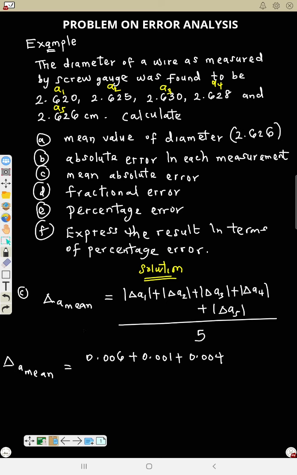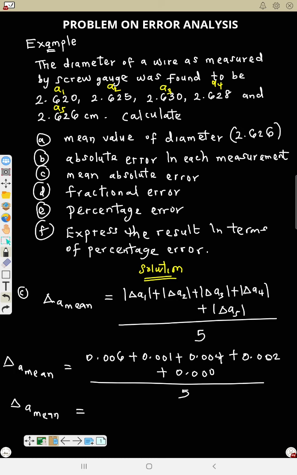So plus delta A4 is also negative, but if we take the magnitude or the modulus, it will still be 0.002. That will be plus 0.000, check our last result, everything over 5. So the A mean is equal to, now add everything in your calculator.